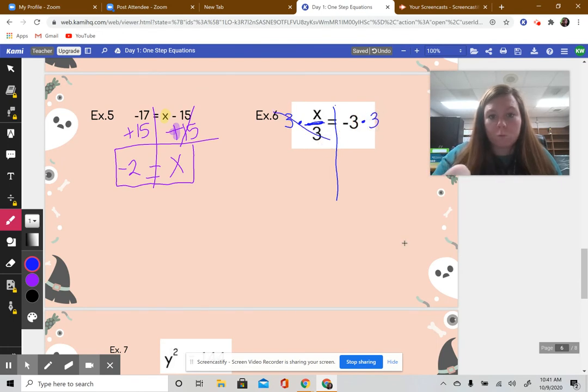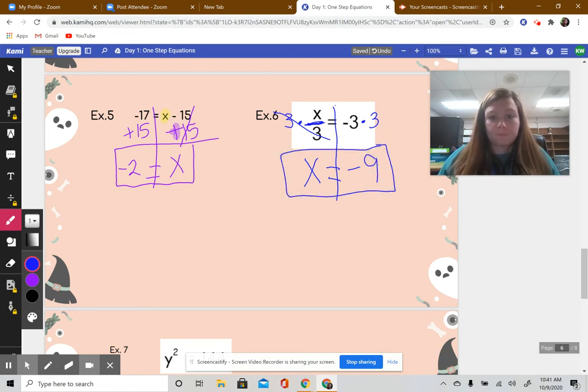So 3 divided by 3 is 1, so I'm just left with x. And then negative 3 times 3 is a negative 9. Are we okay? All right, let's keep going.